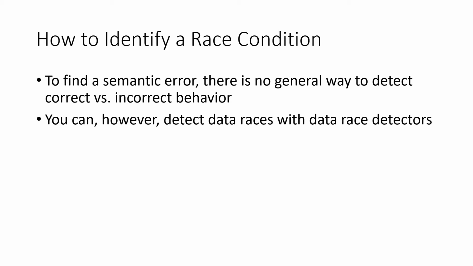But there is a way to detect data races. There are data race detectors that include things like static and dynamic data race detection, lockset based detection, happens-before based data race detection, and then a hybrid of those options.